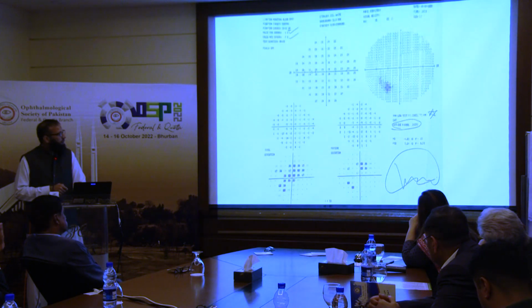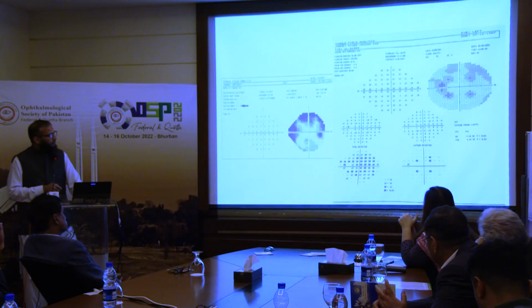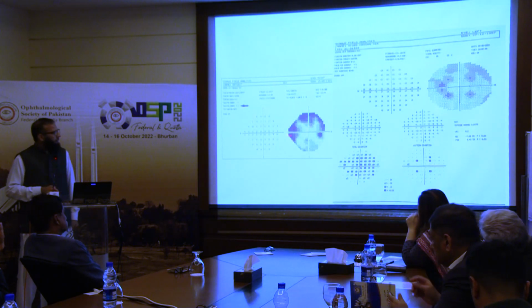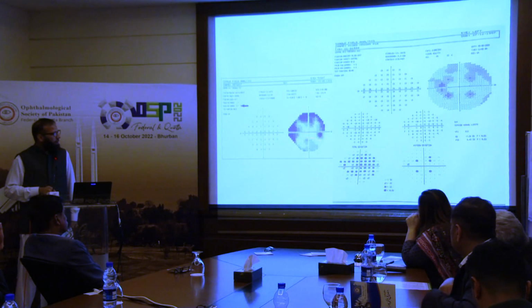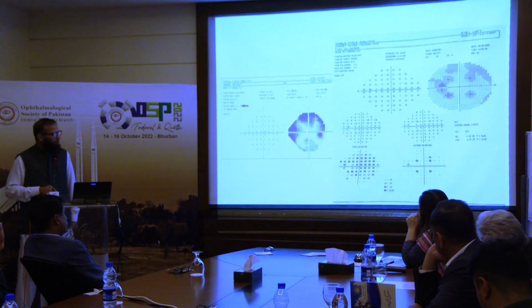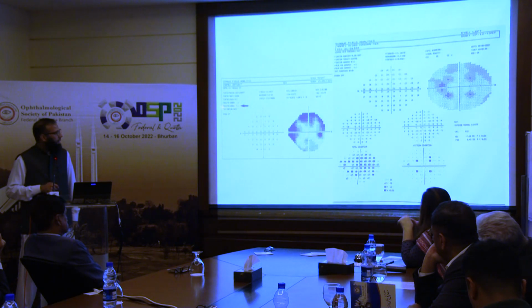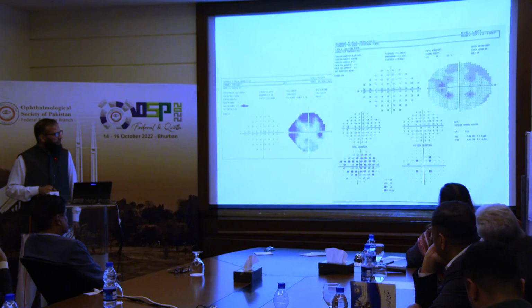Last two tests. Here we see this is quite common, and we know that this is a clover leaf pattern, which is seen in cases in which there are high false negatives. What happens is that initially the test stimulus is presented here and the patient is attentive.